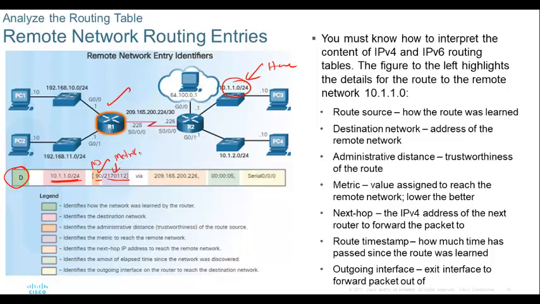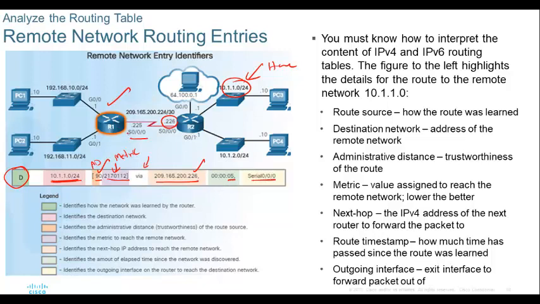And what path will it take? It will take the path whose next hop is this one. And this route was learned 5 seconds ago. And what exit will it take? It will take this exit.